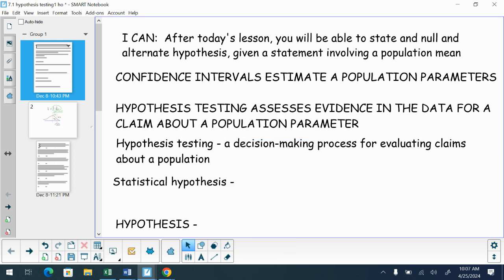People that do analytical things for corporations, for businesses, stock markets, whatever, they have to make decisions somehow. And the decision-making process is hypothesis testing for evaluating claims about the population.